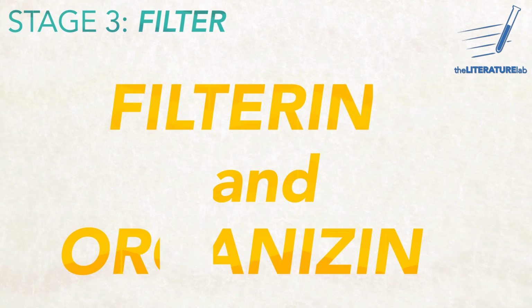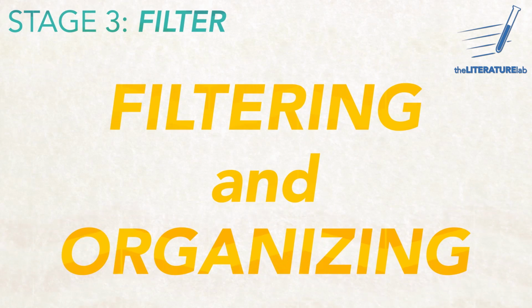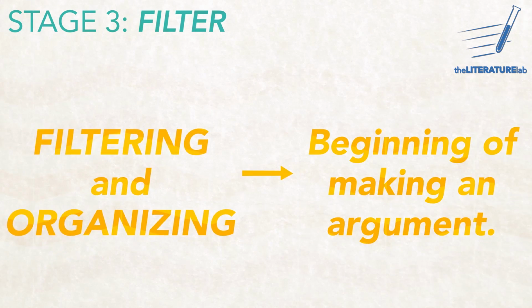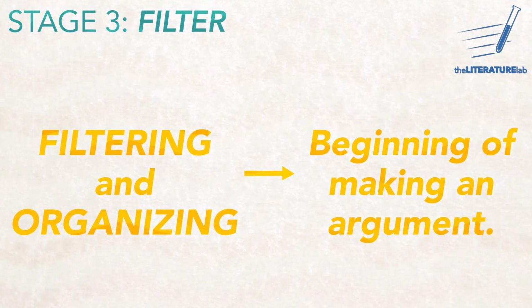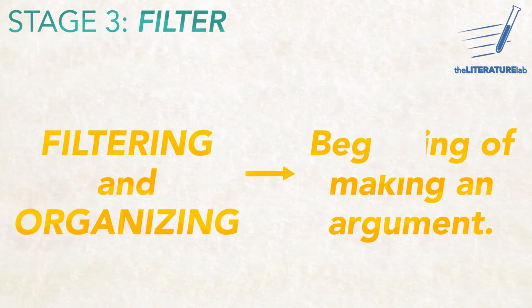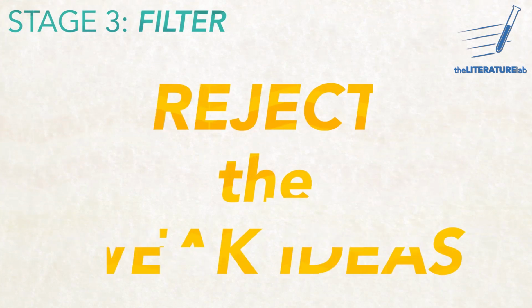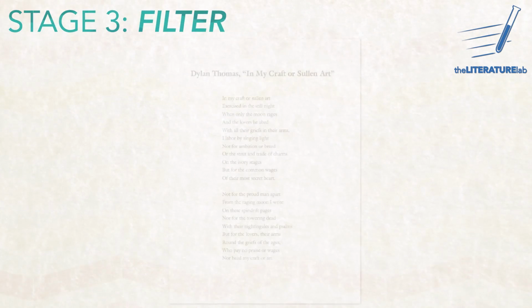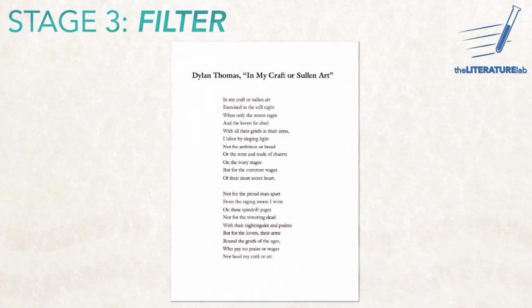This third stage is filtering and organizing, which is the beginning of making an argument. You will certainly need to reread the text again or to review your annotations to decide which of these ideas you can carry forward to the next stage, but this is the time when you reject the weak ideas in favor of the strong.